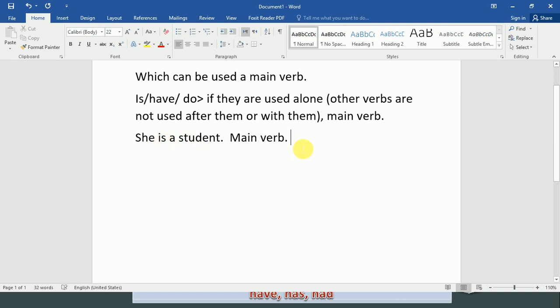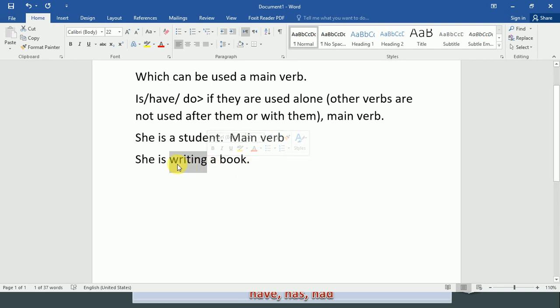Now let's make another example. If I say she is writing a book, she is writing a book. See, the same is is used here, but after that we have another verb which comes in the ing form.